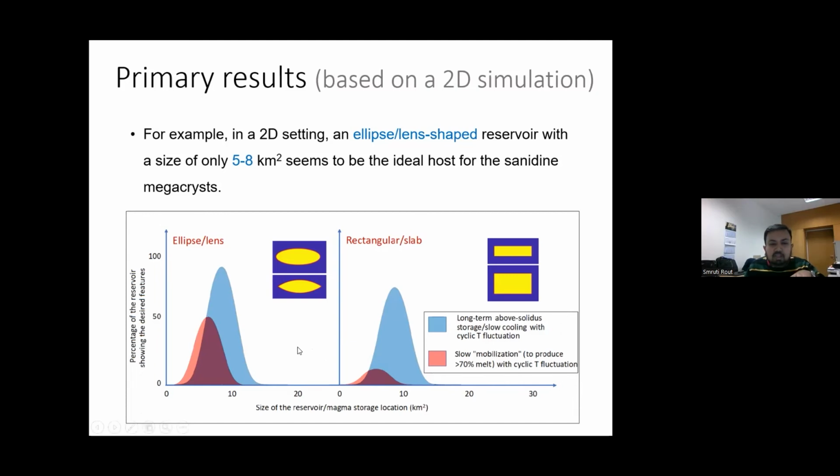And you can see that both of these features are more prominent in the case of an ellipse or a lens compared to a rectangle or a slab.